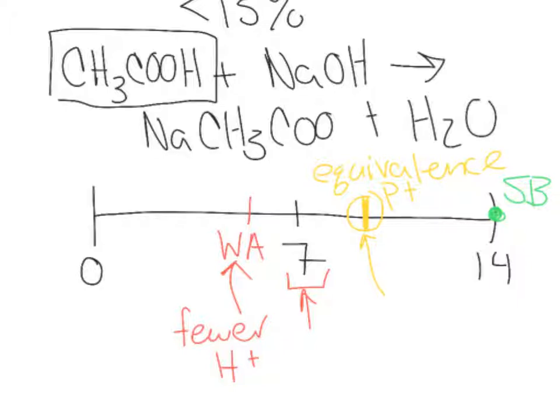And we need to pick an indicator that works for that new equivalence point. Otherwise, our titration calculations are going to be screwed up because the indicator is lying to us. We don't want the indicator to lie to us. Okay, the other thing that's really important here is when we're doing our dissociation calculations.